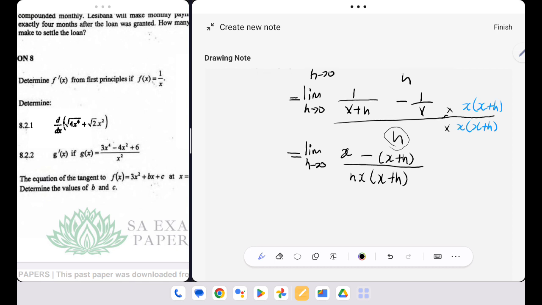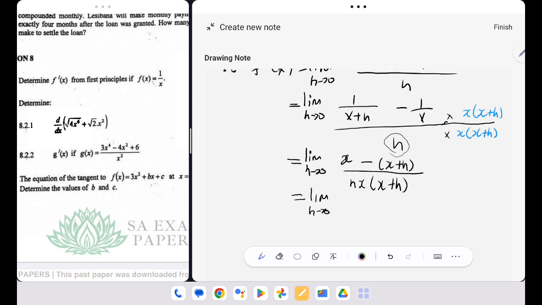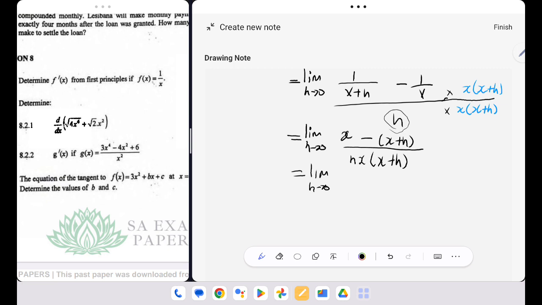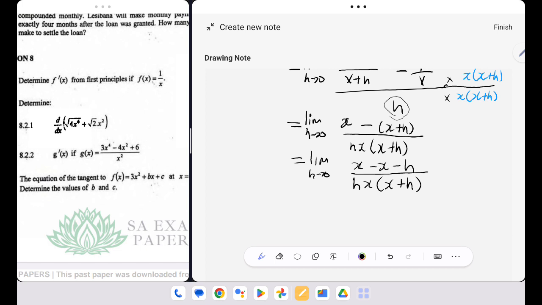Then when we move forward, I'll still say limit as h approaches 0. Now I'll remove the brackets at the top. I'll have x minus x and minus h all over h, x, and x plus h. This thing is equal to limit as h approaches 0.